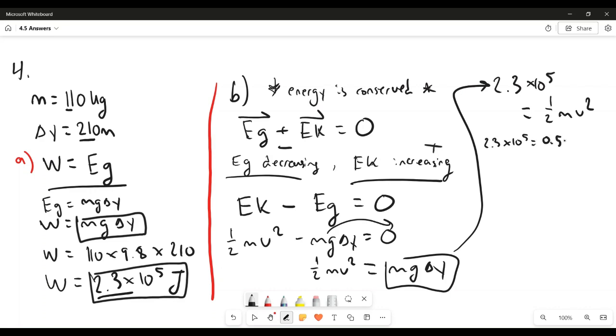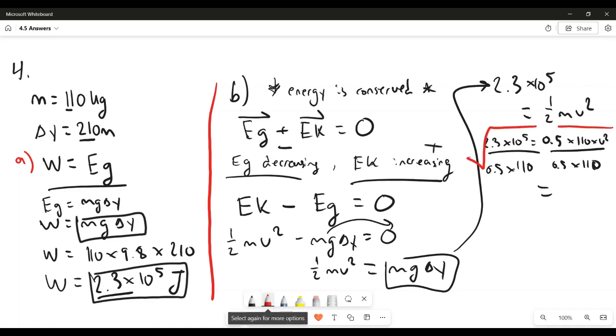We'll plug in what we know. Divide both by 0.5 times 110. And then we'll also root both of these just to get rid of that square on top of the velocity.